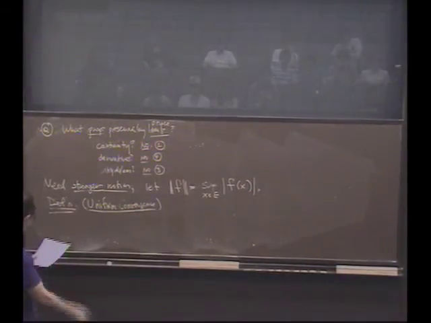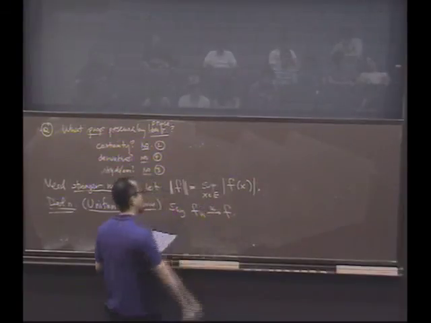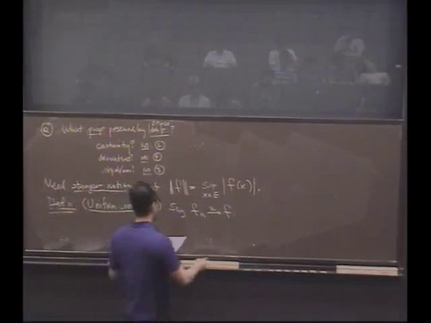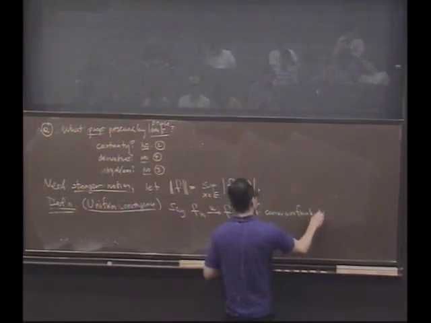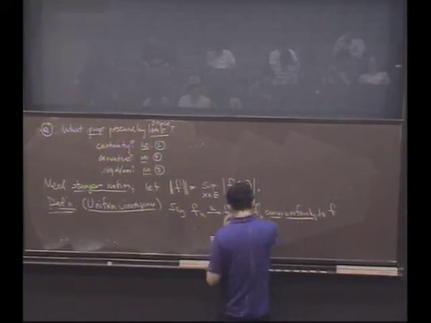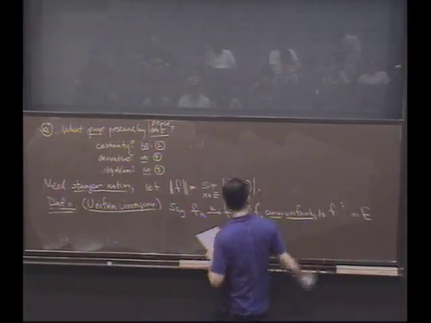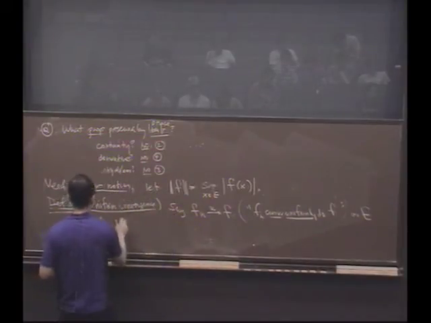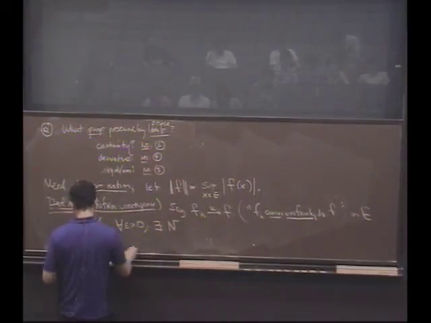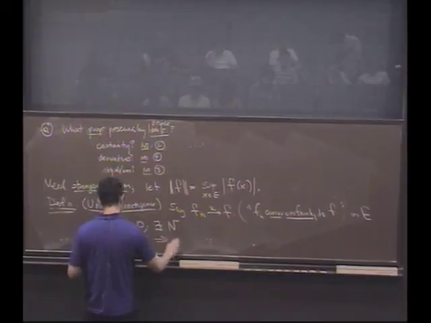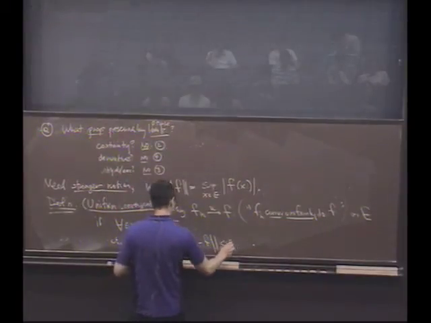We say f_n converges to f uniformly, with a little u over the arrow, on E if for all epsilon bigger than 0 there exists an N such that n bigger than N implies the norm of f_n minus f is less than epsilon.